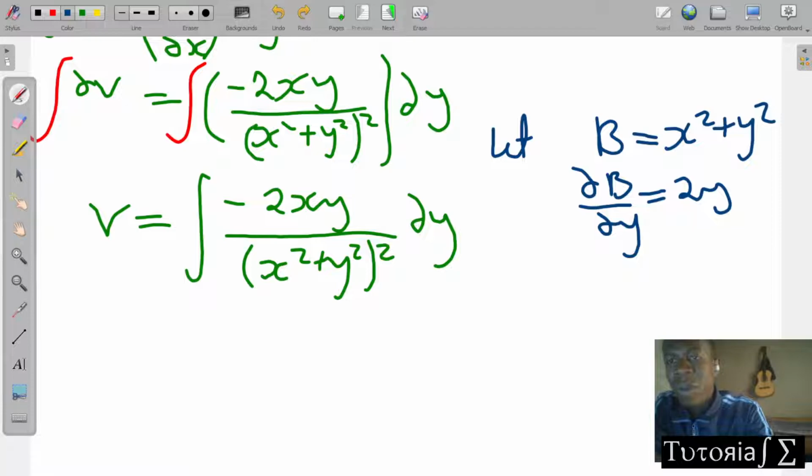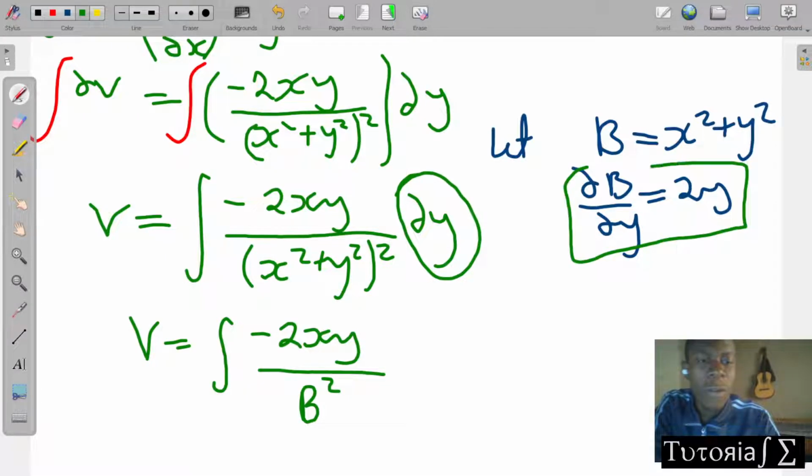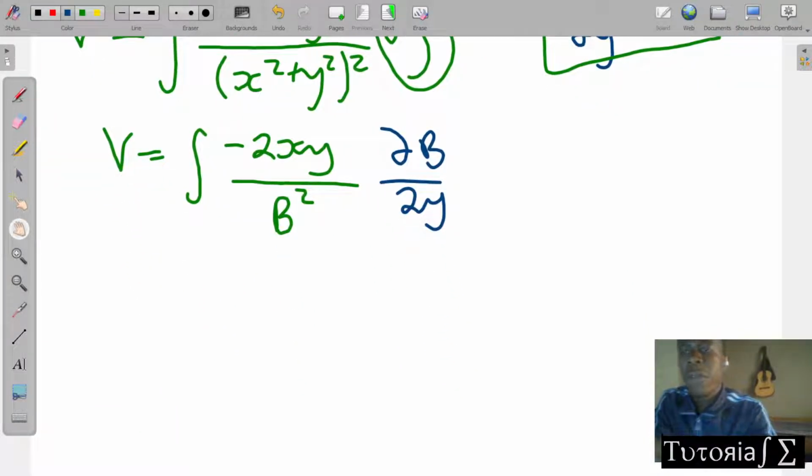So my v will finally be equal to the integral of negative 2xy all over b squared. And now what is our dy? When we make dy the subject of the formula here, we are going to have db over 2y.